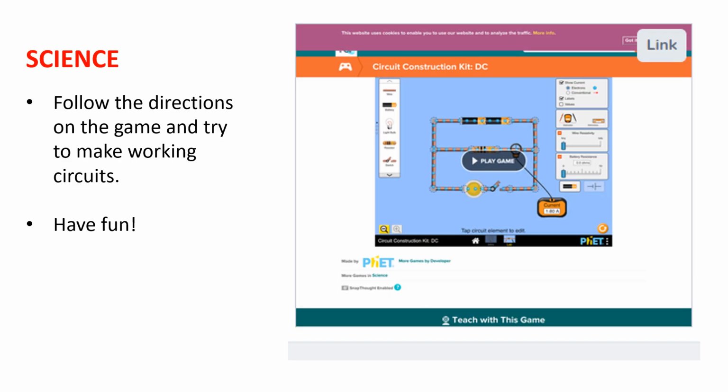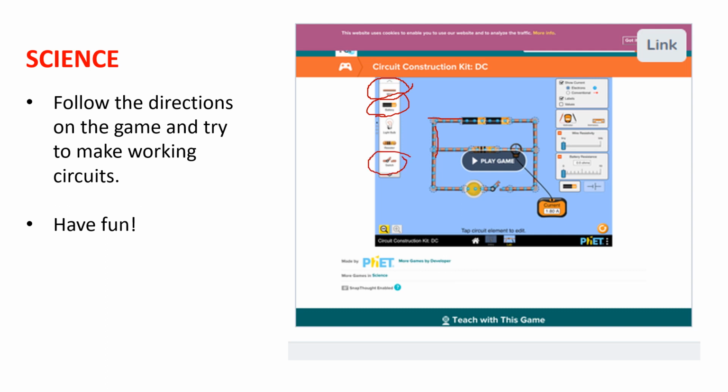In science today, I'm giving you a challenge. It is called a circuit construction kit. It's like a game you can play on Brain Pop. And the link will take you right there. At the top, you're going to notice the wires, and you're going to put the wires together. You need a battery, so you have a source of energy.